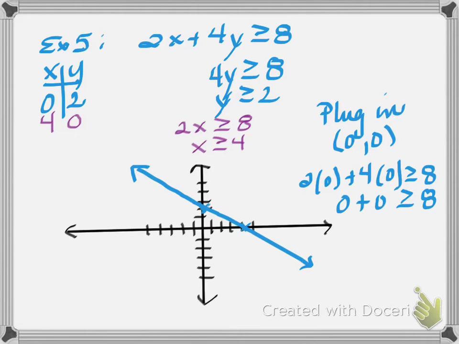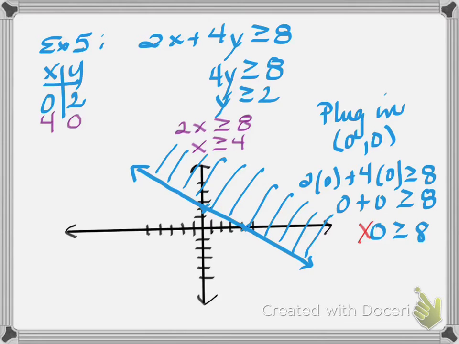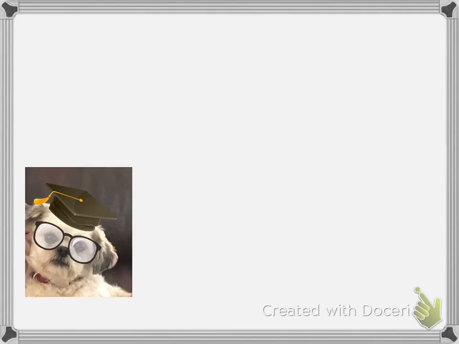Hopefully more of you are saying, no way, because 0 plus 0 is certainly not greater than or equal to 8. So that gets a red X. It's a no. So then where do I shade? Shade everything on the opposite side of the line, above the line, or to the right of the line, however you look at it. So that would be it for today.